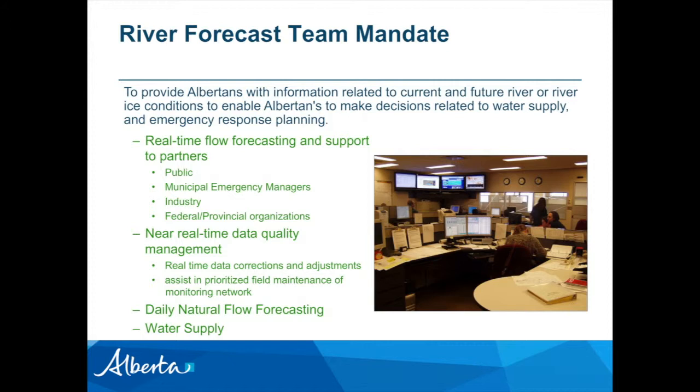This is an attempt to get a volumetric forecast, March to September flow volumes for approximately 20 locations in the province. That's done using principal component regression relationships that have been developed between fall precipitation, current snowpack, current precipitation, and last month's natural flow values.